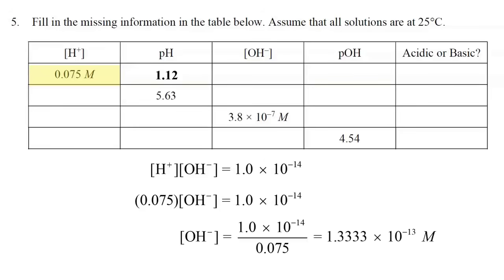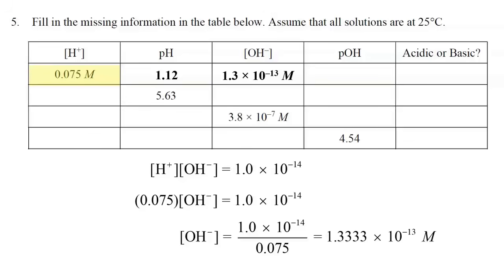And so when I do that math, 1 times 10 to the negative 14 divided by 0.075, I get, when I round off to 2 significant figures, 1.3 times 10 to the negative 13 moles per liter. That is the concentration of the hydroxide ion.